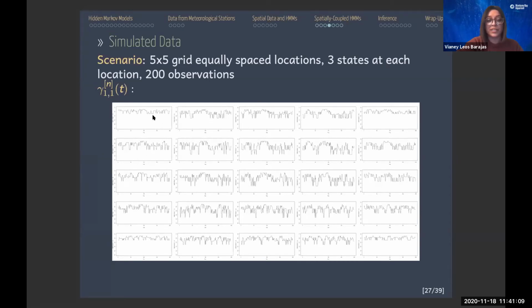It's not as influenced. So the transition probability from state 1 to state 1 over time remains pretty constant. But if you look at any other position where it has more neighbors, so this location has 4 neighbors, there's a lot more variability in the probability of transitioning from state 1 to state 1. It's going to be much more variable.